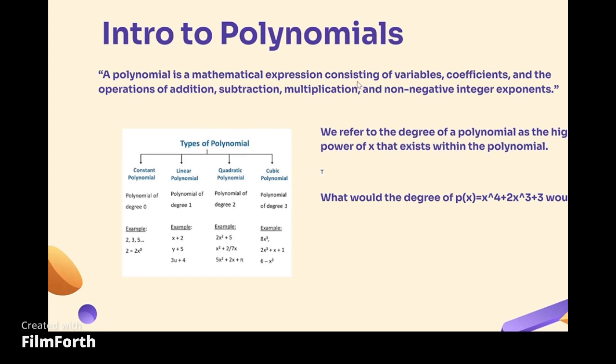That's basically the definition of a polynomial and how we use the word degree. So let's have a look at the polynomial below. It says p(x) equals x to the power of 4 plus 2x to the power of 3 plus 3. What would the degree of p(x) be?